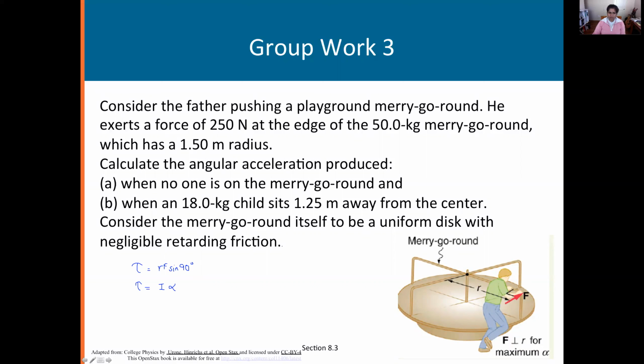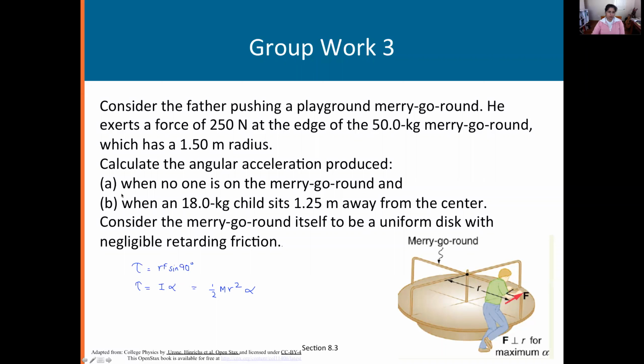Our formula for a solid disk was 1/2 mr squared. Now this is our moment of inertia times alpha. We know m, it's given as 50 kgs, and we know r is the same 1.5. So you can set this equal to this, and you can calculate alpha.